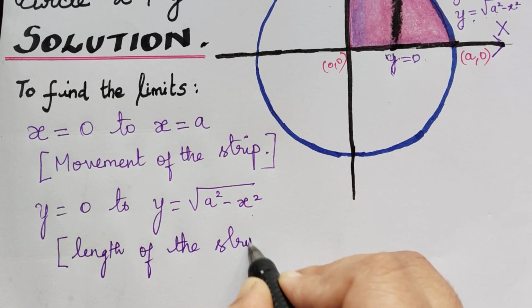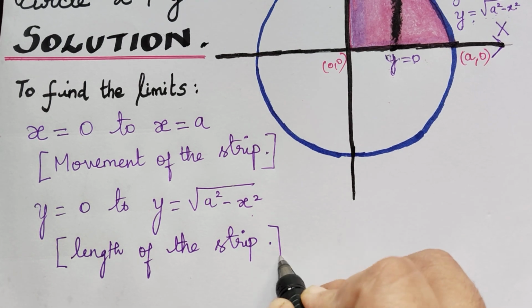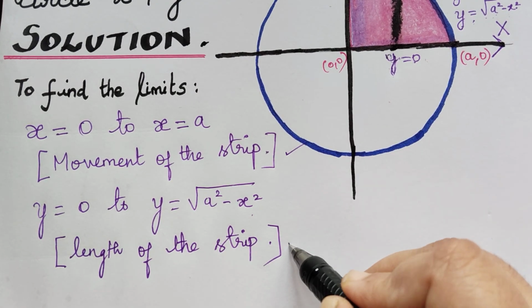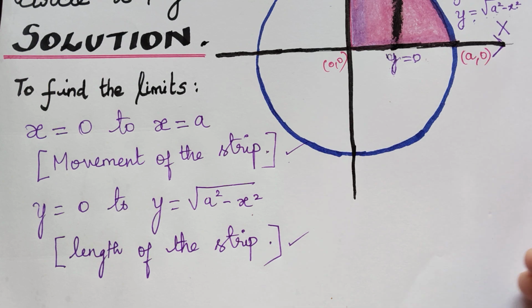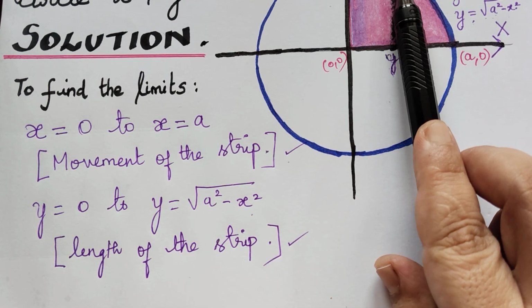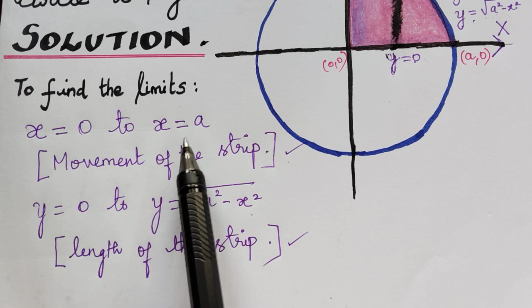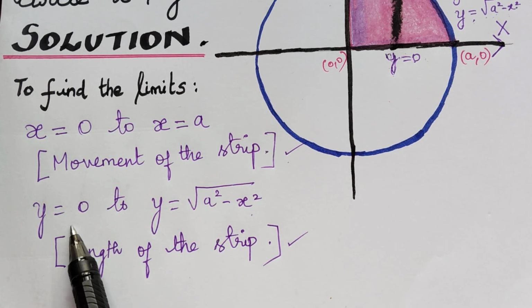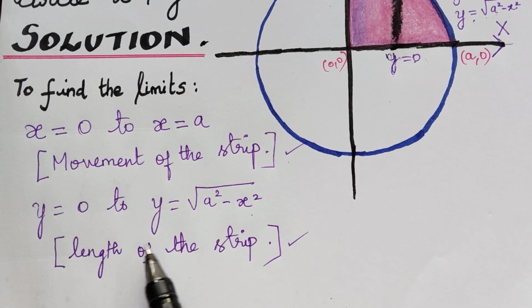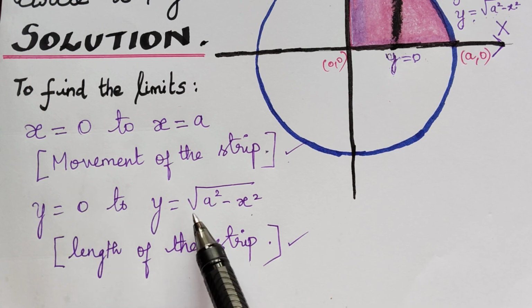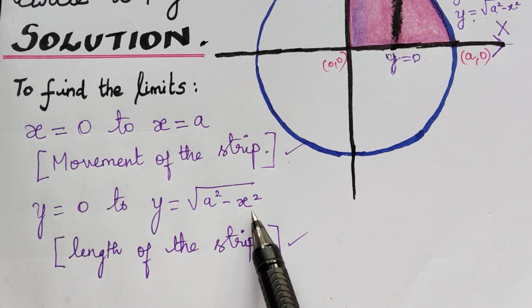Hope I have explained, you would have understood how to find the limits for x and limits for y. Since we have drawn the strip vertically, that is parallel to the y axis, x moves from 0 to a, and y is obtained from the length of the strip, which is from 0 to square root of a square minus x square.